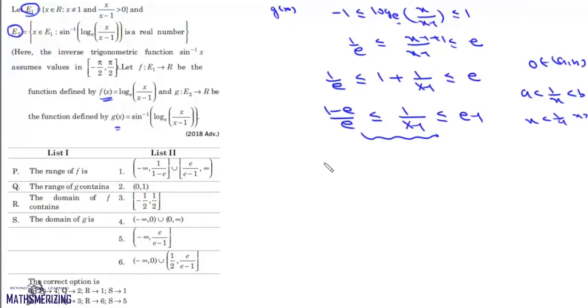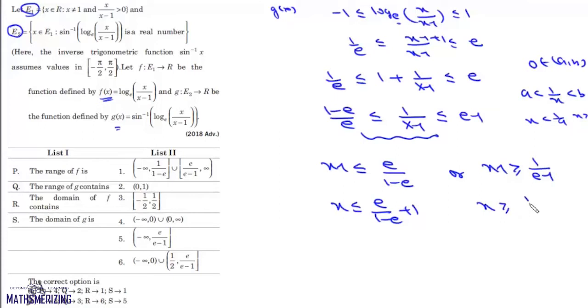So from here we'll get this condition that x minus 1 should be less than or equal to e upon 1 minus e. That is, the value of x is less than or equal to e upon 1 minus e plus 1, or x minus 1 is greater than or equal to 1 upon e minus 1. That is, x is greater than or equal to 1 upon e minus 1 plus 1. So from here we'll get x is less than or equal to 1 upon 1 minus e, or x is greater than or equal to e upon e minus 1.